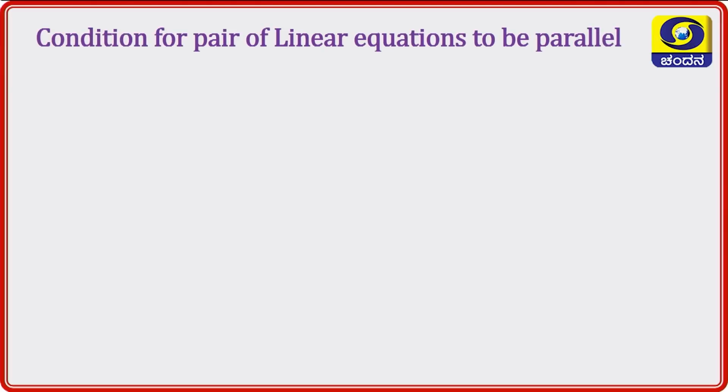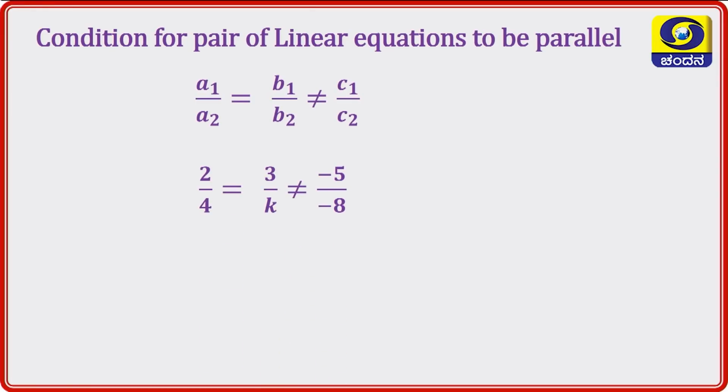Now, what is the condition for parallel? For the condition of parallel, it must be a1 by a2 is equal to b1 by b2, but that is not equal to c1 by c2. Let us consider a1 by a2 is equal to 2 by 4, b1 by b2 is equal to 3 by k, which is not equal to minus 5 by minus 8.